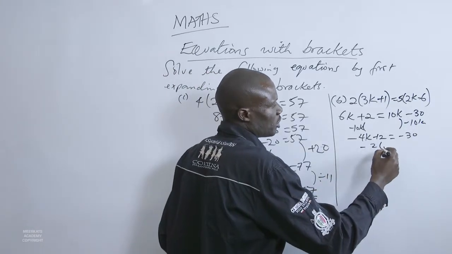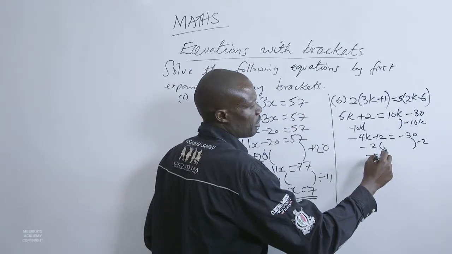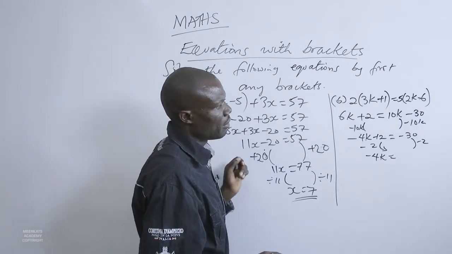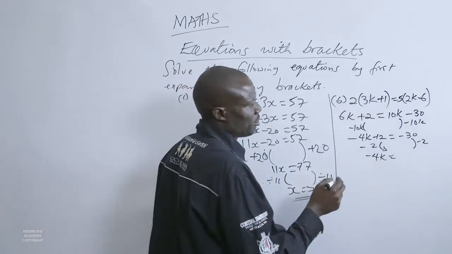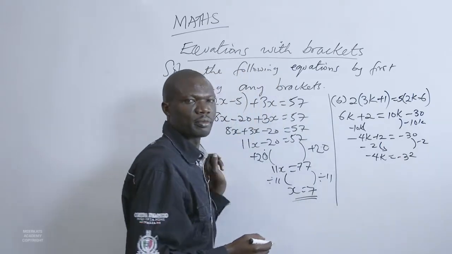Subtract 2 on both sides, so you will have minus 4k is equal to minus 30 minus 2, which is minus 32.